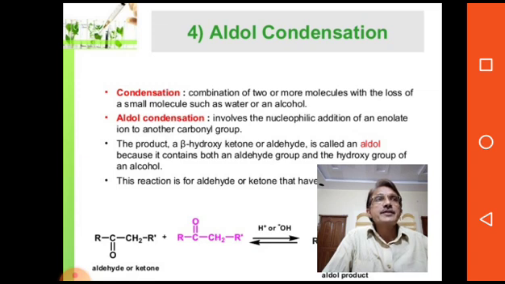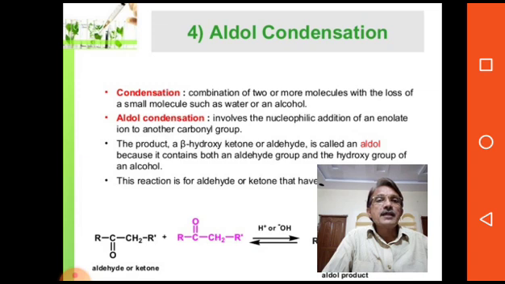Those aldehydes and ketones which contain at least one alpha hydrogen are involved in aldol condensation, so it is possible in both aldehydes and ketones. The product, a beta hydroxy ketone or aldehyde, is called aldol.